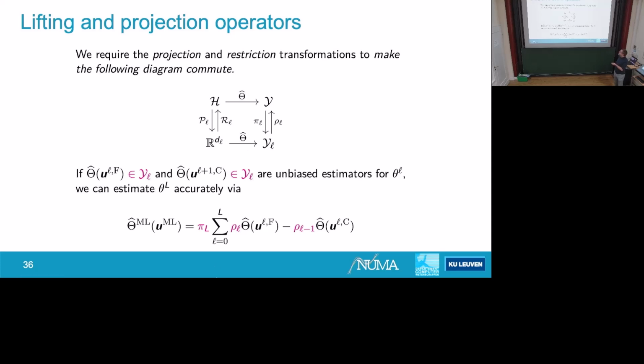So this gives you a projection operator. So rho maps you from a finite dimensional parameter space to the function ensemble, and then phi maps you back.